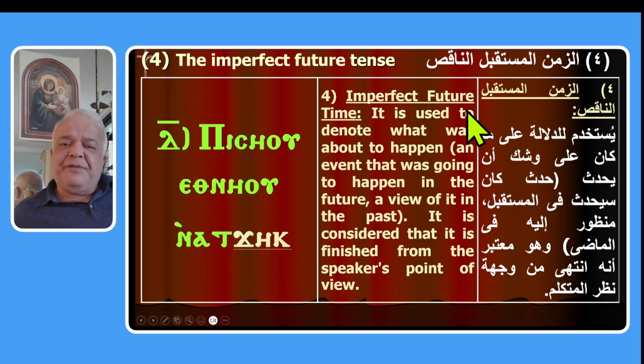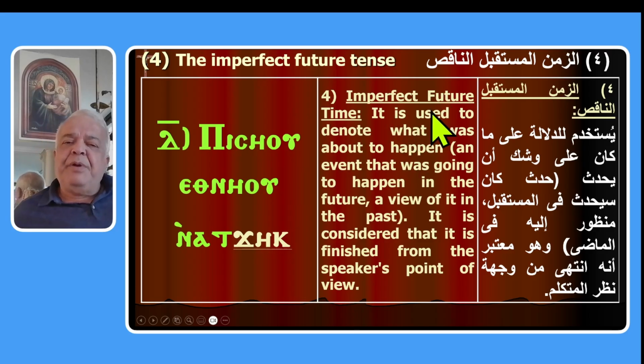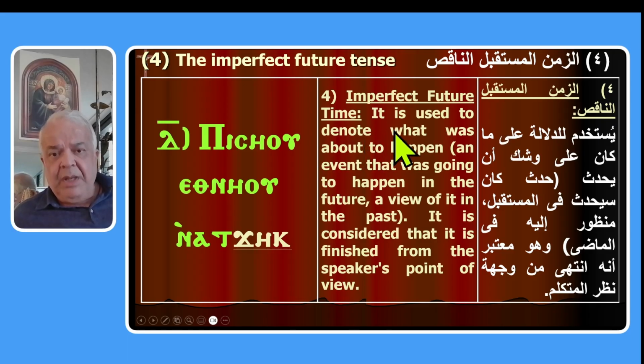The imperfect future tense. I put here time, it should be tense, because the word "cu" means either time or tense. Imperfect future time or tense. It is used to denote what was about to happen, an event that was going to happen in the future.